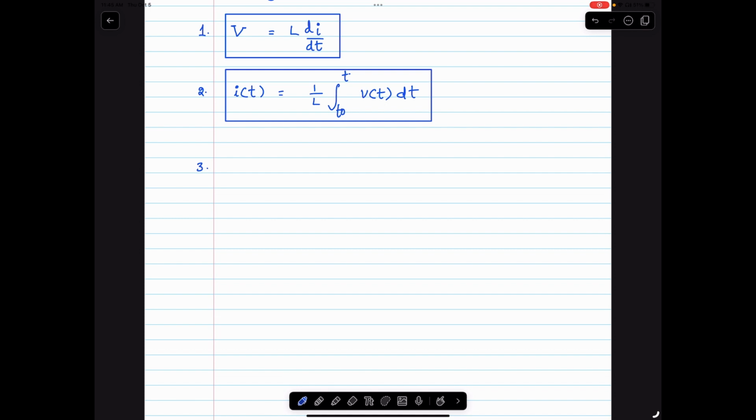If the initial energy stored in an inductor is 0, then the energy stored in an inductor with an inductance L and current i flowing through it is 1/2 L i squared. So when we are looking at energy calculations, energy stored, we use this formula.